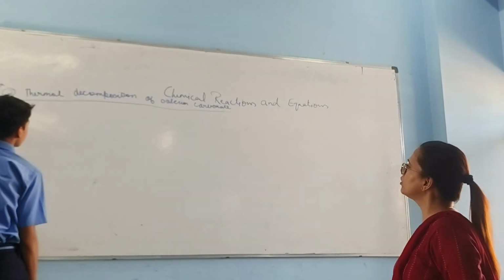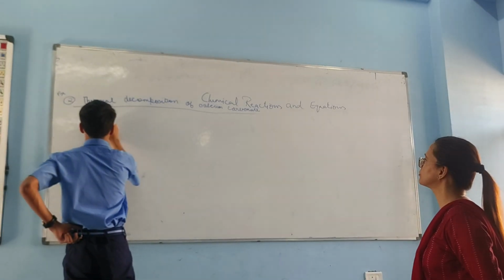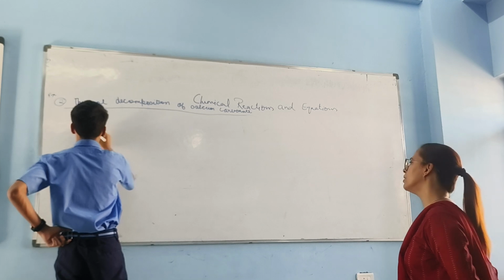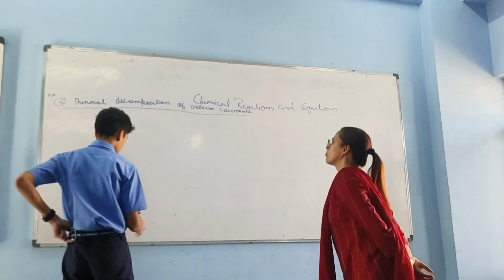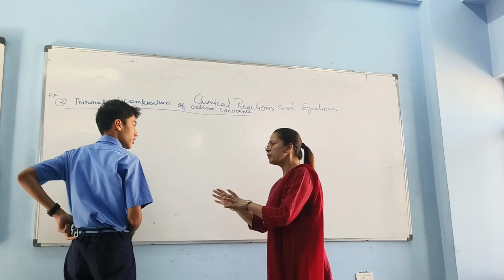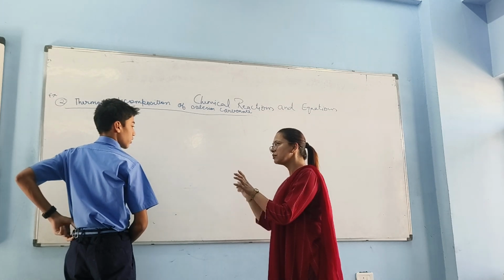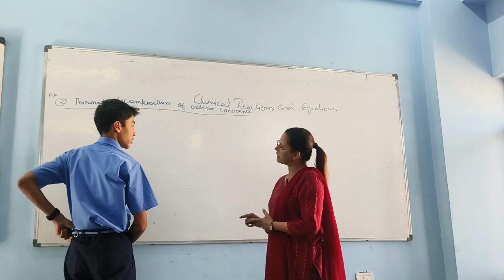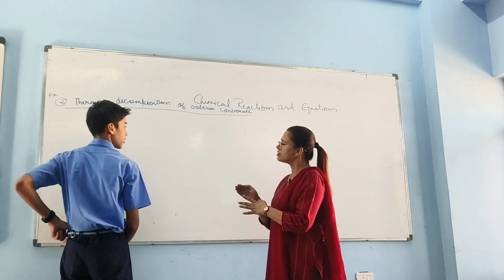ठीक है. Write down the formula of calcium carbonate नीचे. What is carbonate? First you tell me verbally. Carbonate. Carbon is... carbonate में we have carbon and ate, right? So carbon is an element, and what is the symbol? C. And when ate is added, that means it is with which other element?